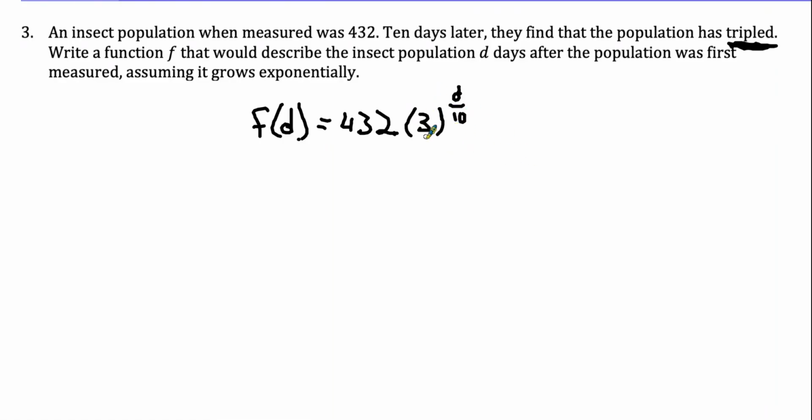Okay? Another way of writing this would be 432 times 3 to the 1/10 power to the d power. That would be another acceptable way to write it. So these are equivalent statements, and either way of writing this is fine.